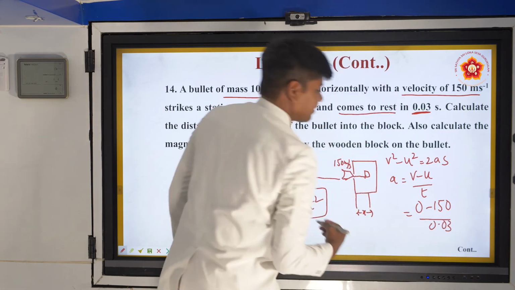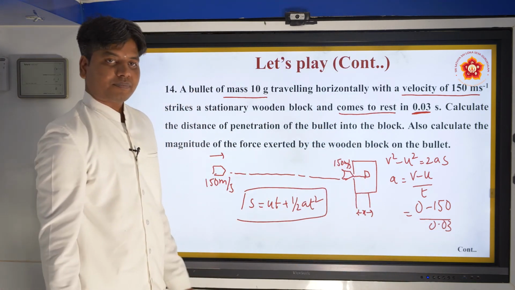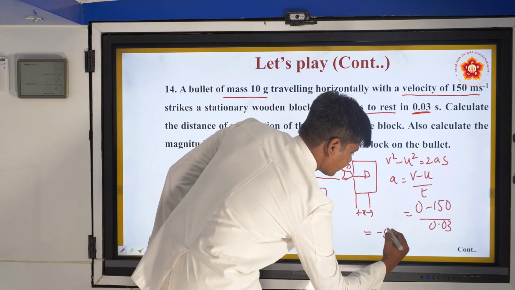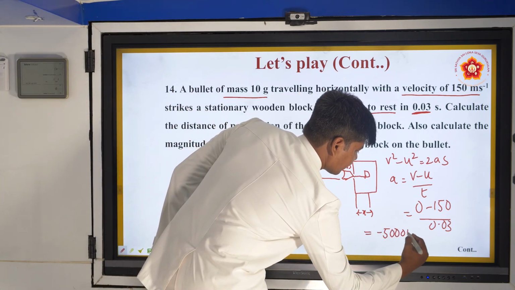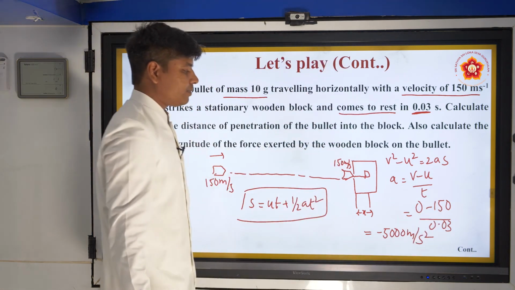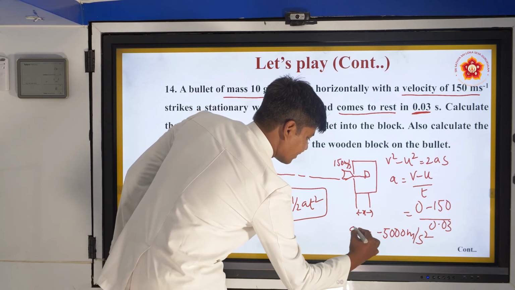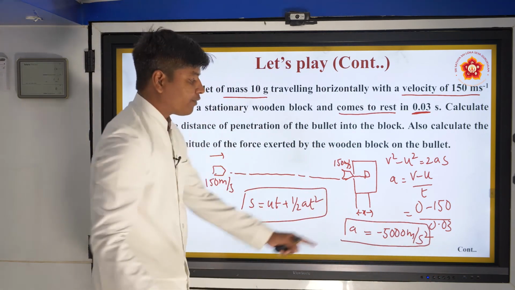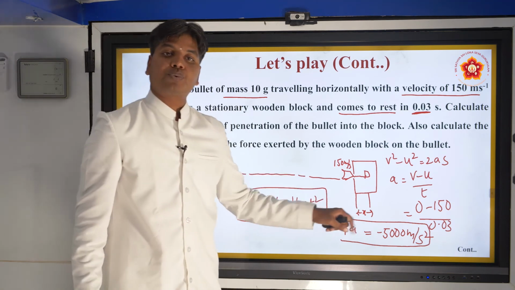0.03 seconds. Right. Using this, you will get minus 5000 meter per second square. So the acceleration which we get here is minus 5000 meters per second square.